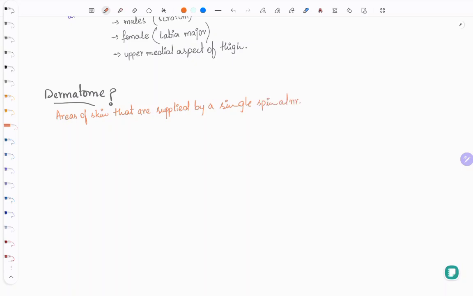There are many dermatomes located within the anterior abdominal wall, but the three most important dermatomes are T7, T10, and L1. T7 at the xiphoid process, T10 at the umbilicus, and L1 at the pubic region.